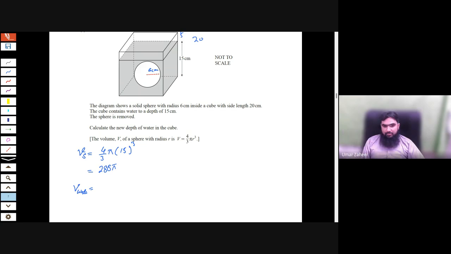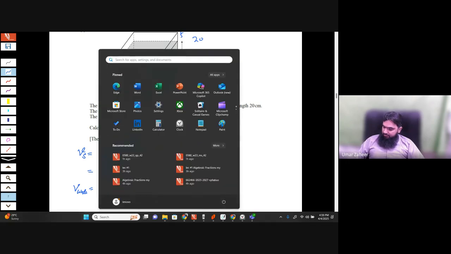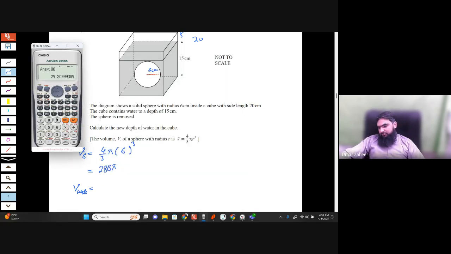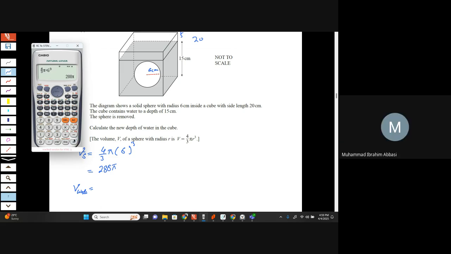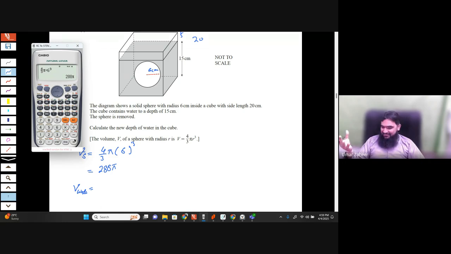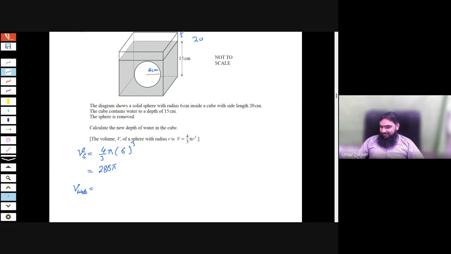Oh, it's 6 centimeters, so the answer changes: 4 by 3 into pi into 6 cubed, that is 288 pi. Whether you put 15 or 6, it seems to be 288 as well. All right, I think someone has already solved this question.